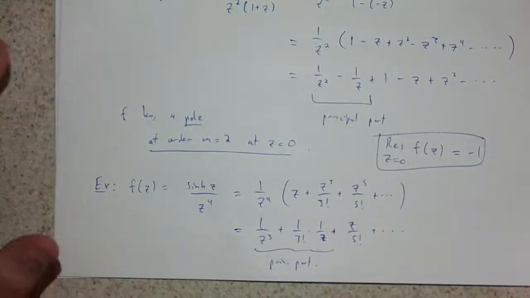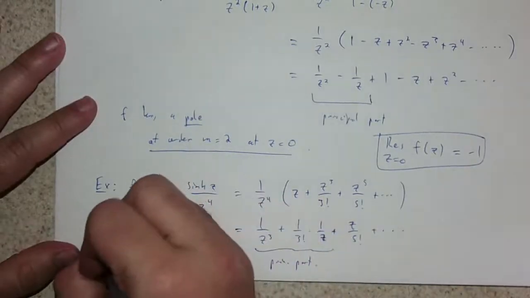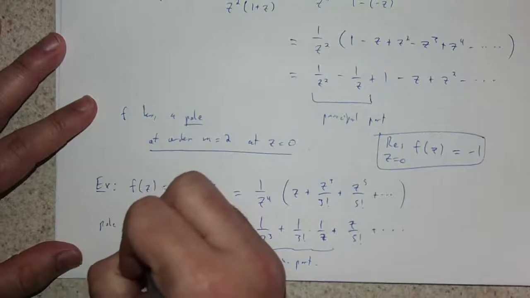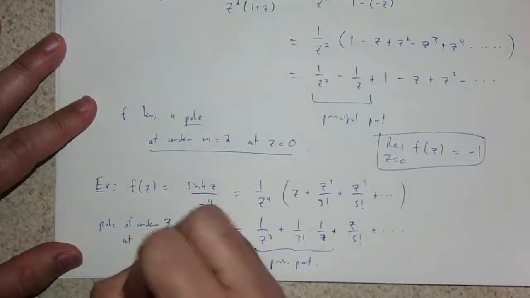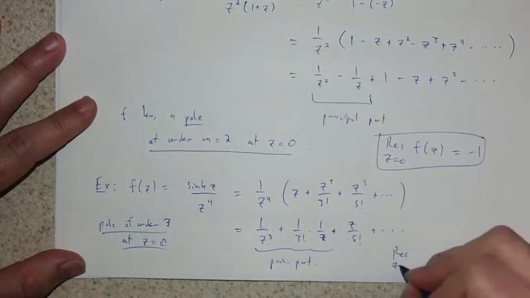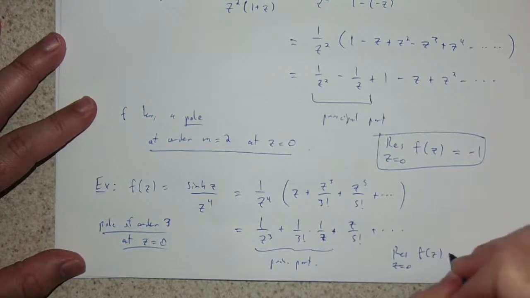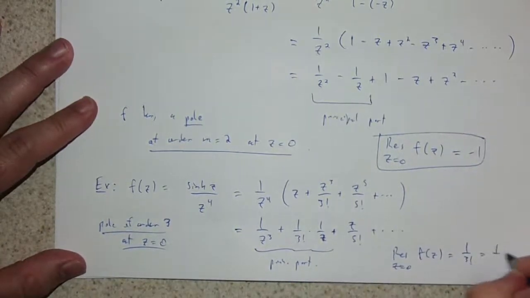The pole is a pole of order 3 at the origin. And the residue at the origin of f is the coefficient on the 1 over z term, which is 1 over 3 factorial, or 1/6.